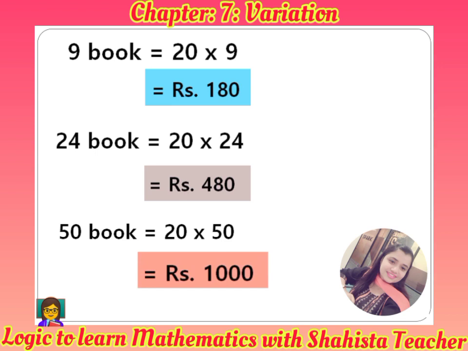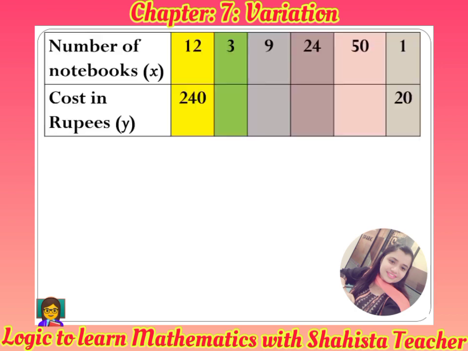In this example, we know that the cost of one book is rupees 20 and we have to find the other notebook costs, that means the 9 notebook cost, 24 notebook cost, 50 notebook cost and 3 notebook cost. That is why we have simply multiplied by 20, because the cost of one notebook is 20 rupees.